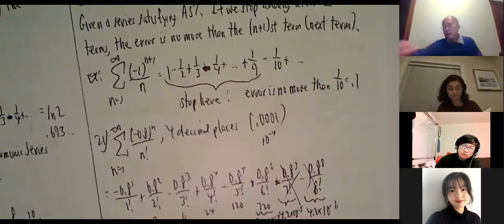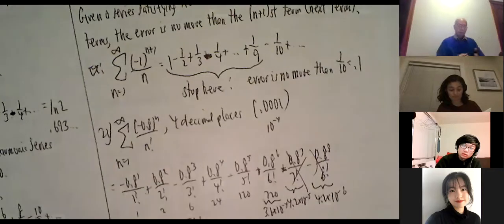Do I have time? Yeah, I think I have time. Let me actually try to add this up. You can try to do it too. So I'm going 1 minus 1/2 plus 1/3 minus 1/4 plus 1/5 minus 1/6. You can tell it takes a while to do this. Plus 1/7 minus 1/8 plus 1/9.